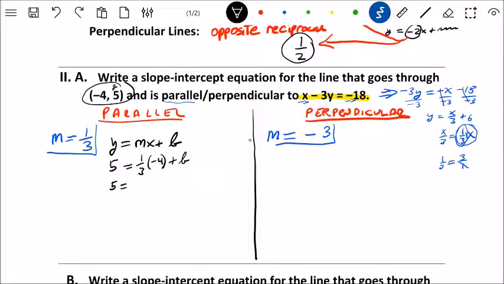So a negative times a positive will get a negative. 4 times 1 is 4 over 3 plus b. So now we can do 1 1/3, or we can leave it at 4/3. It's a choice here. I'm going to add 4/3 to both sides. And so here we have 5 plus 4 over 3 equals b.